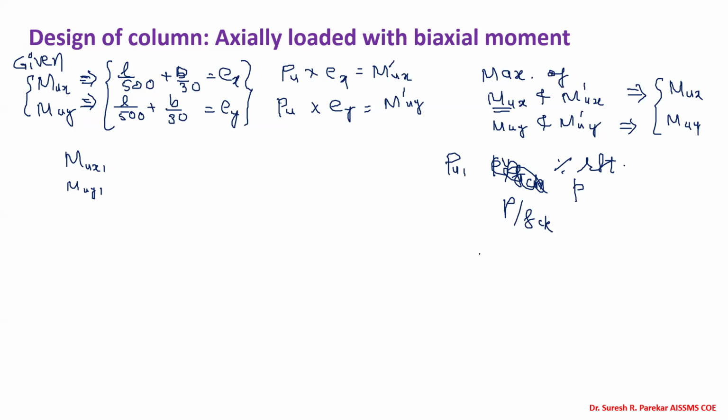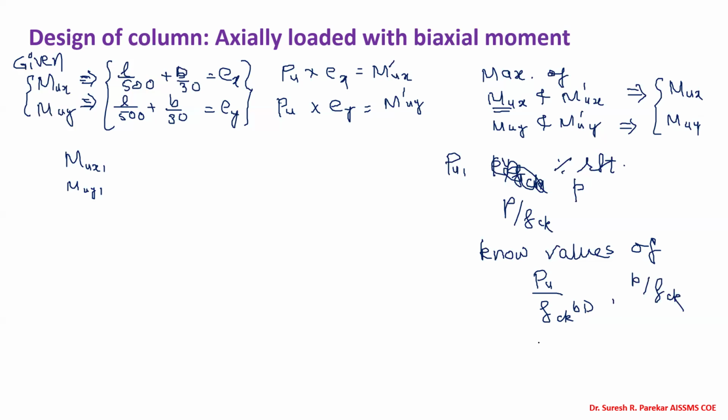Now we know the values. We have taken a problem in the class, go through it. We know Pu upon fck bD, and we know p by fck.